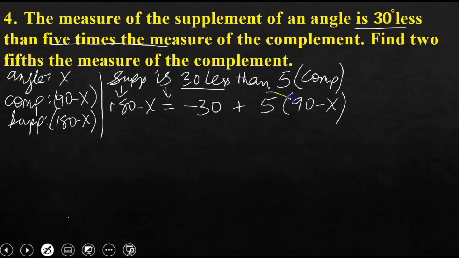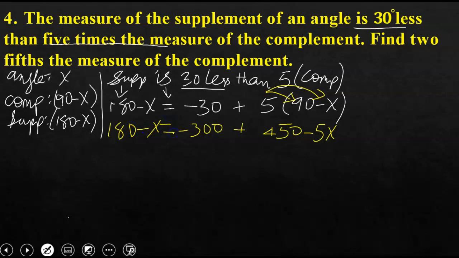So do your algebra correctly, distribute. So that would give us 450 minus 5x. And then we have negative 30 here, bring it down. 180 minus x equals.